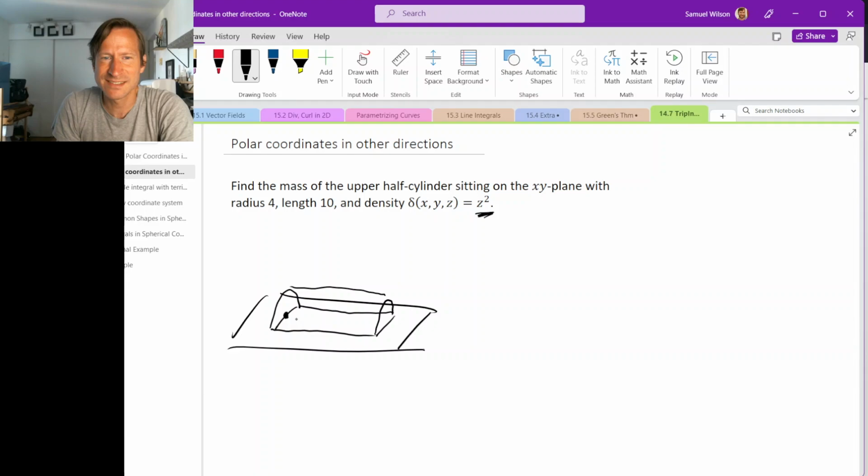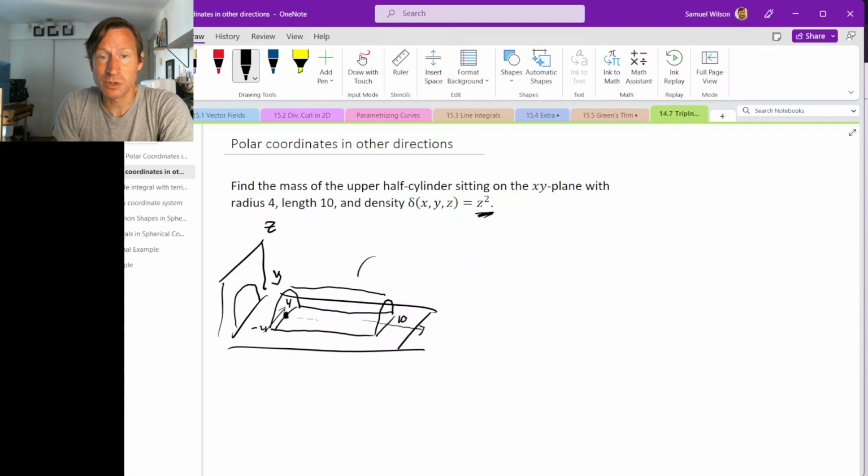So for this, the way that I have this shape situated on the xy plane, it looks like if we look just at the yz plane, the shadow that this shape casts is a semicircle. And so if we use polar coordinates for the yz plane, this region will be very easy to describe.